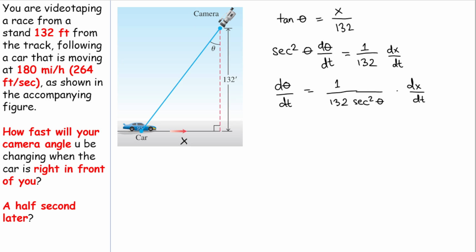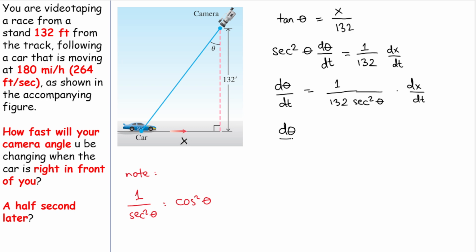But remember that 1 over secant squared of theta equals cosine squared of theta, right? Okay, so I can rewrite this equation like this.